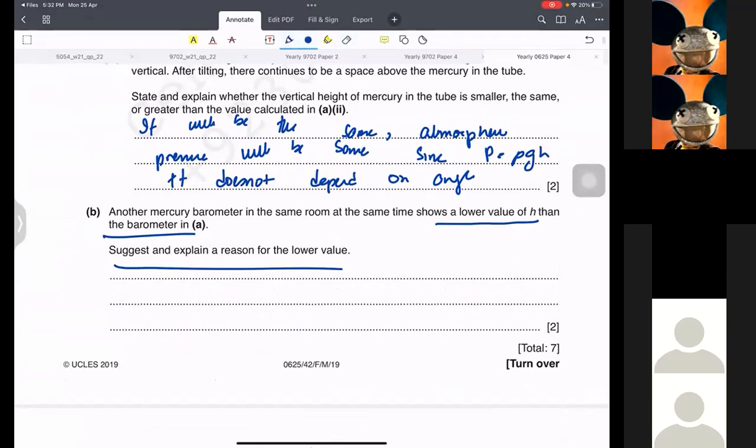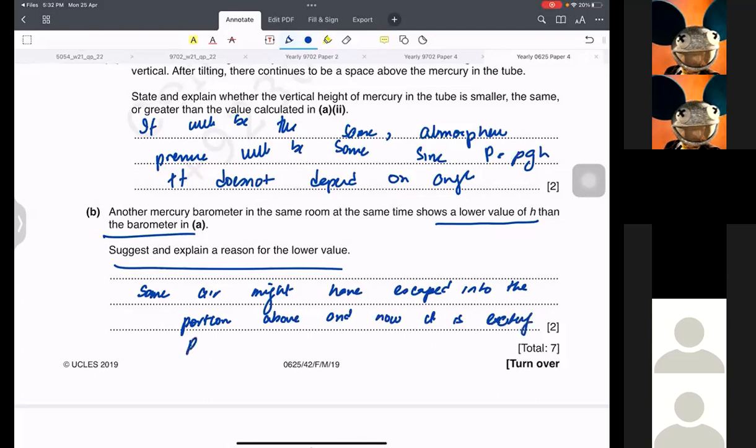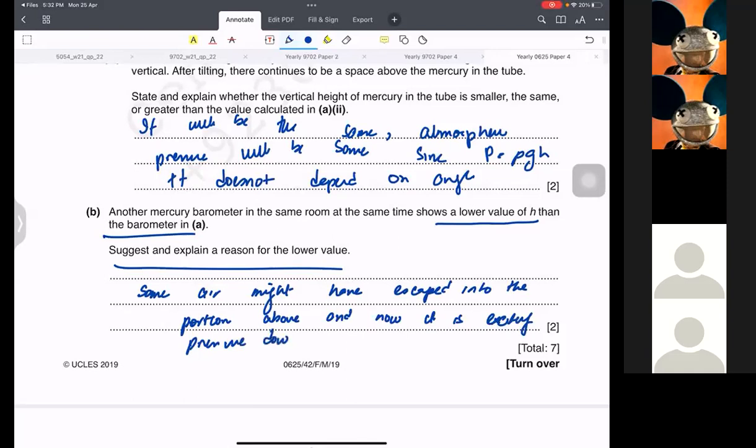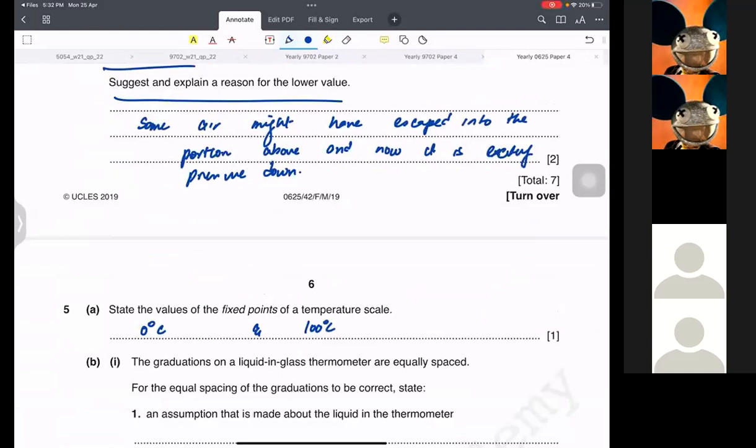This means that some air might have escaped into the portion above, and now it is exerting pressure down. Is it clear? You can write this then. Okay, should I go on now?